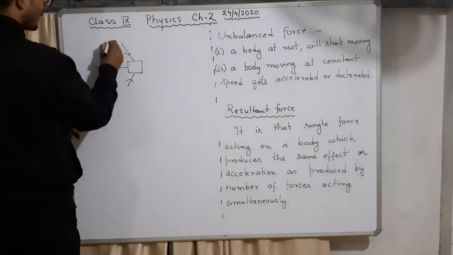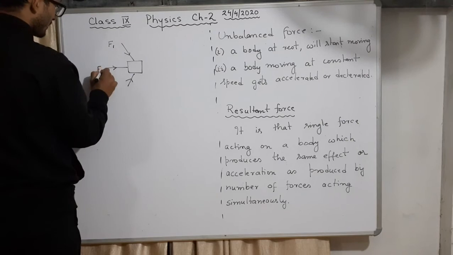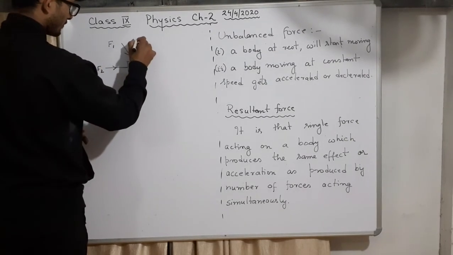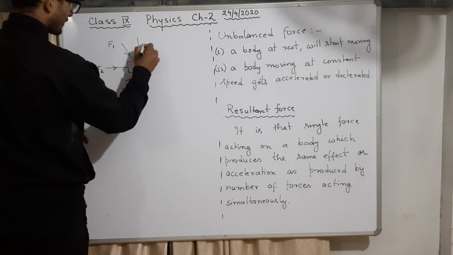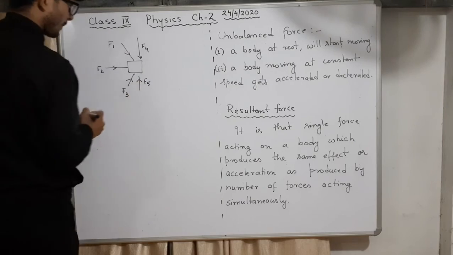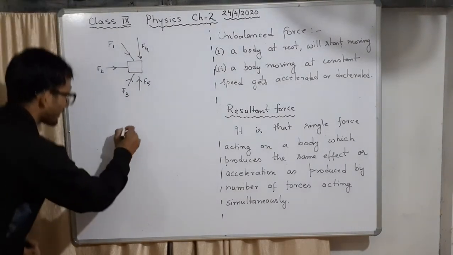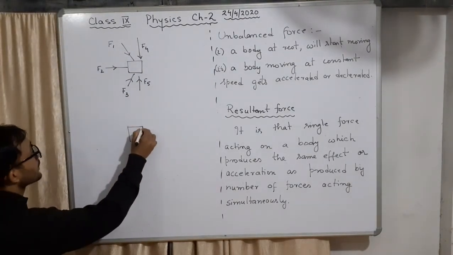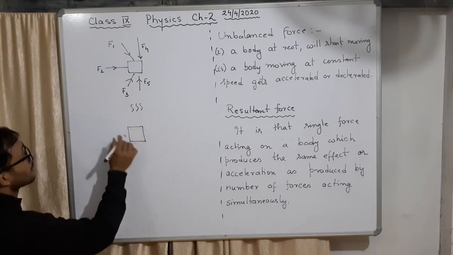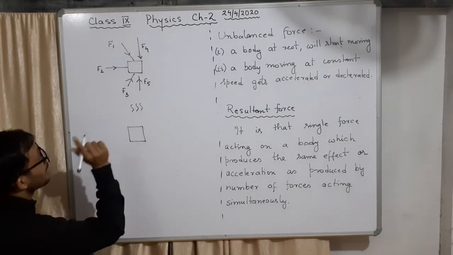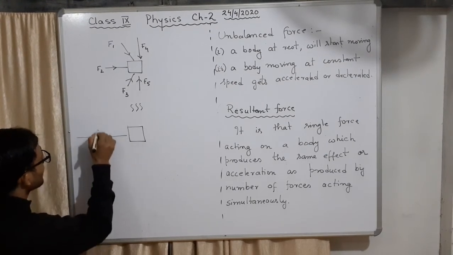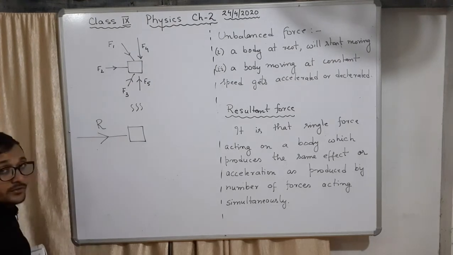I call them F1, F2, F3, maybe this way F4, F5. Then its resultant is this. Suppose I have only one force, big or small, that doesn't matter.